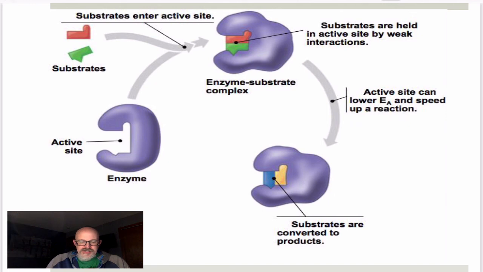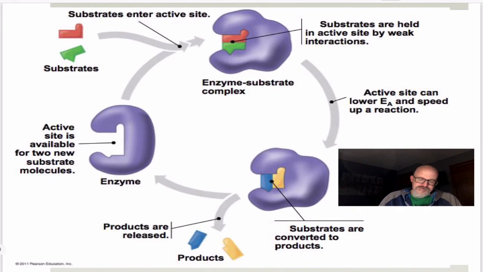So here you can see now, instead of being vertically set, they are created this way. So it converted them to whatever products you want to get. Once you converted them, they are released and that enzyme is freed up. It was not changed. Any conformational changes were not permanent. So it now can go and do work again until it's worn out.